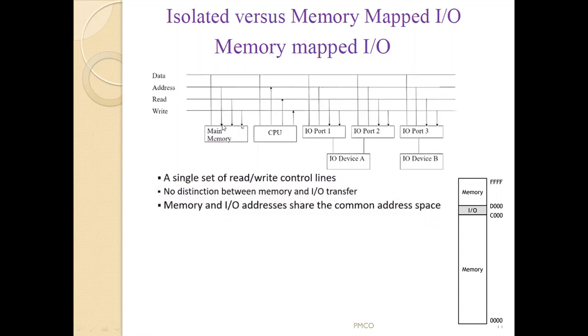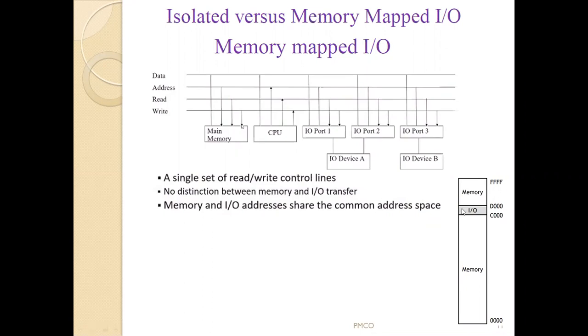That means the main memory, the CPU, and the I/O device are connected to the common I/O buses, that is, the data bus, the address bus, and the control bus. Memory and I/O addresses share a common address space. With memory mapped I/O, one address space is divided into two parts.